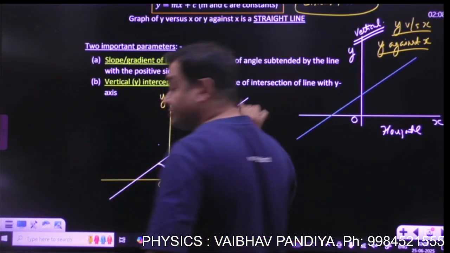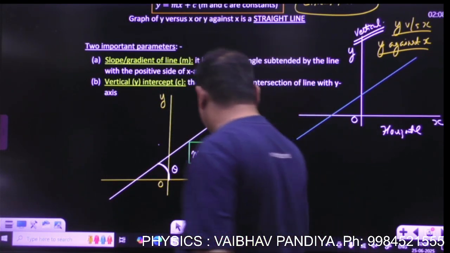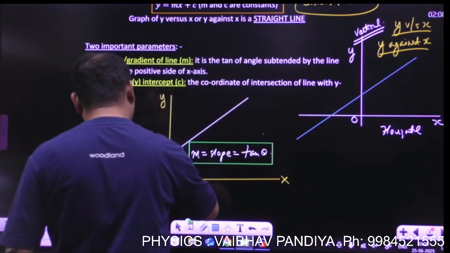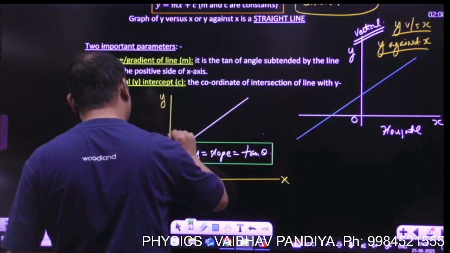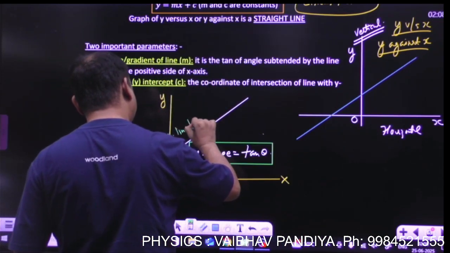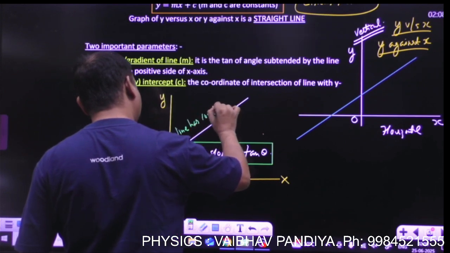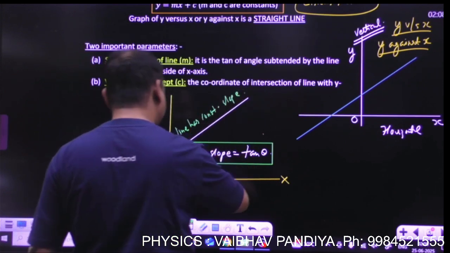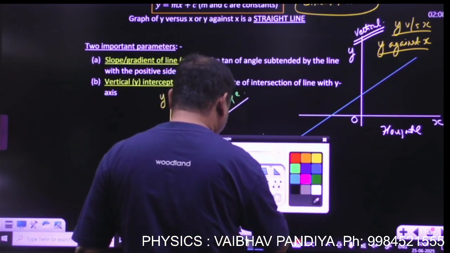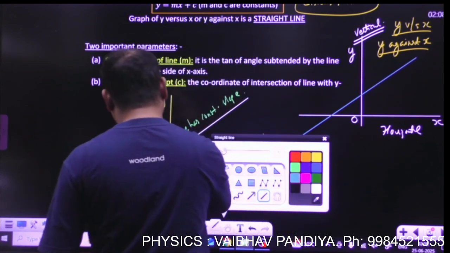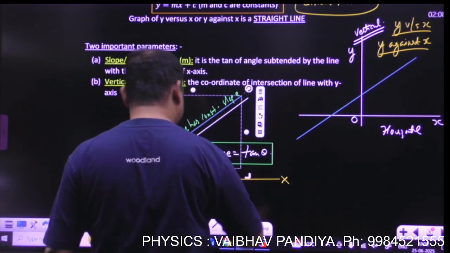And the same straight line has a constant slope. The slope will not change anywhere on the straight line, because at any point you see the inclination is the same. So the same straight line has a constant slope.